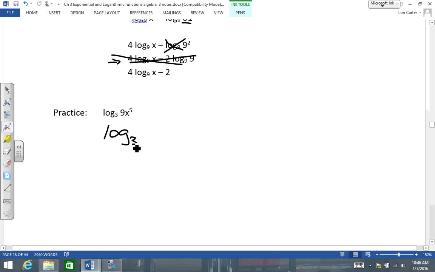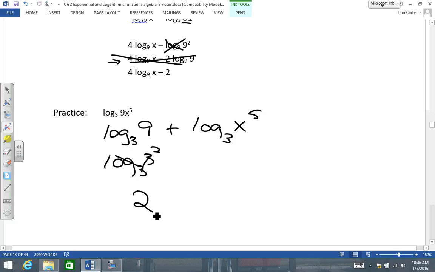Log base 3 of 9, plus log base 3 of x to the 5th. Okay, what can you do with the first term? 3 squared. So this becomes log base 3 of 3 squared, and that equals what? 2. So this is 2.